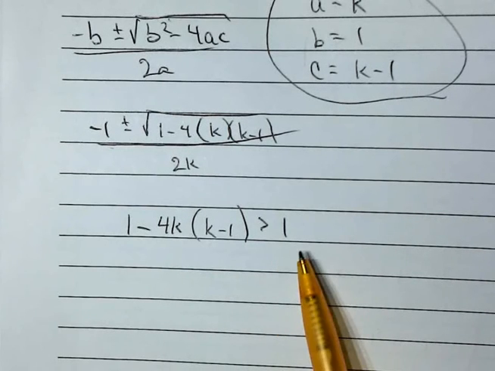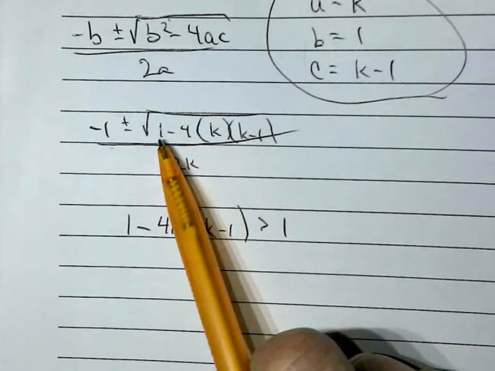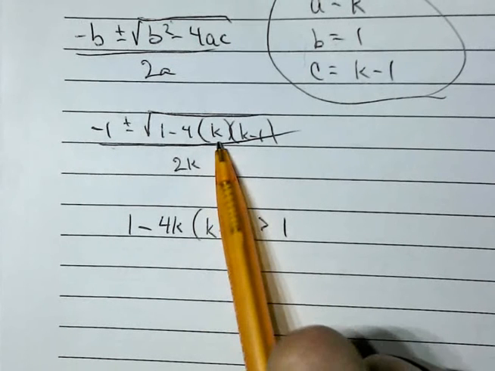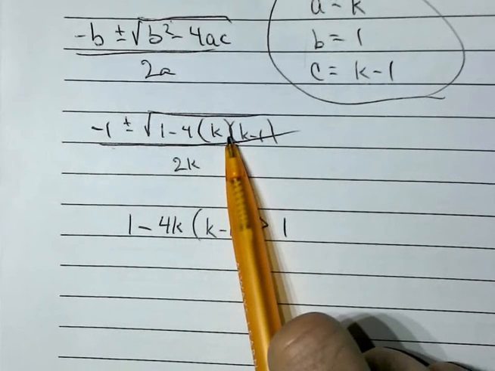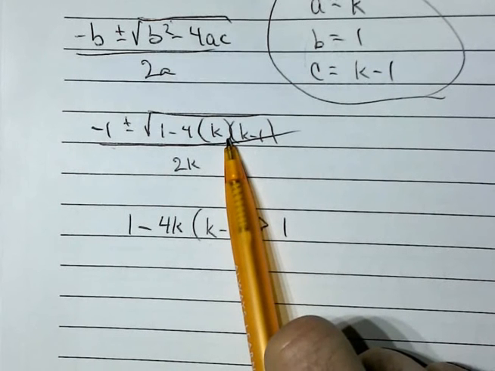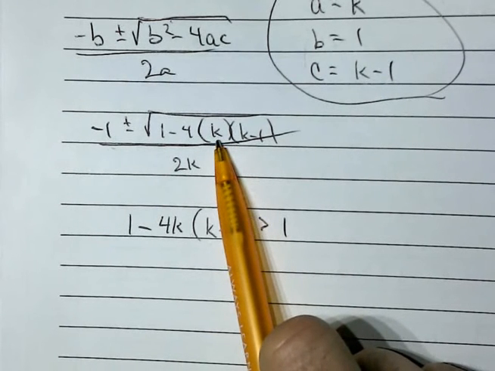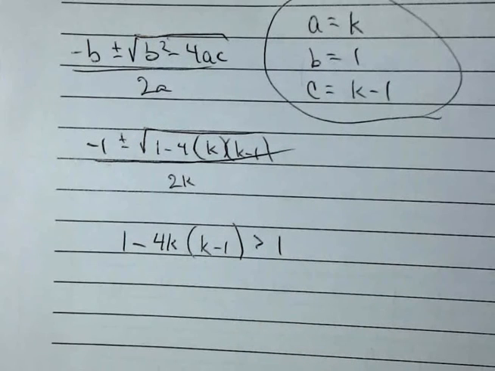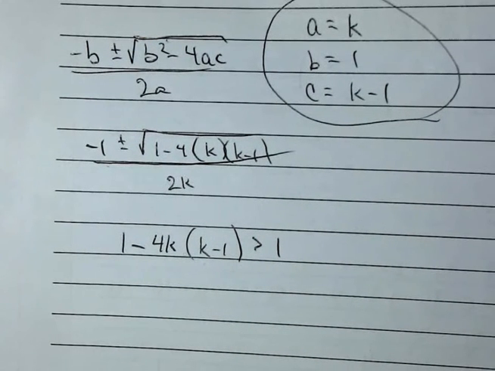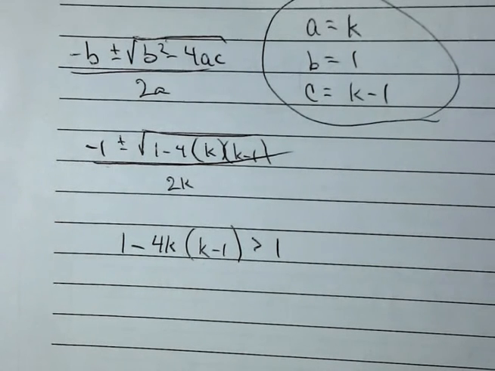Well, greater than 0 won't help, because if k is such that I get 1 minus something greater than 0 but less than 1, and this value of k is negative, this doesn't guarantee one positive, one negative. Then will that be equal to or greater than 1? Say again?